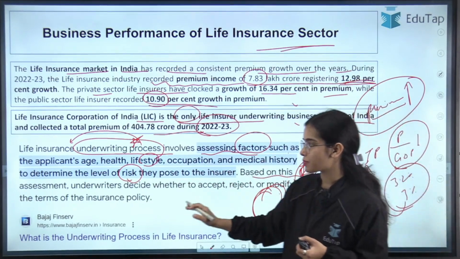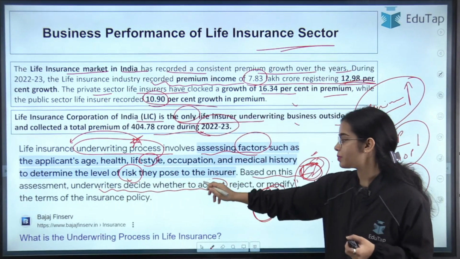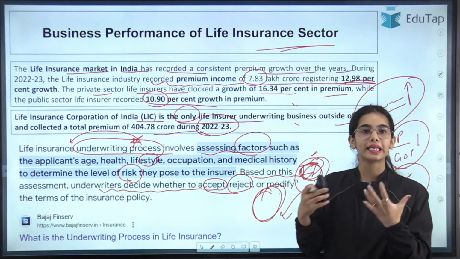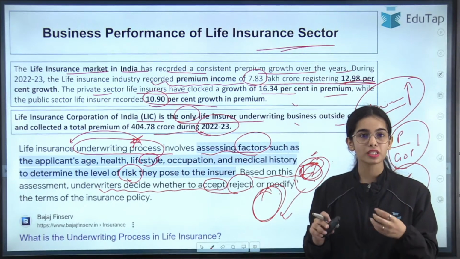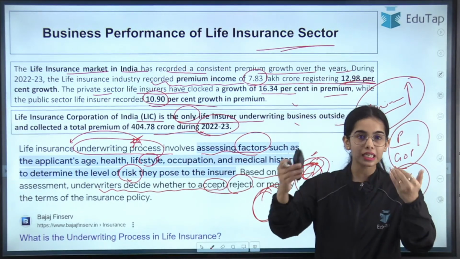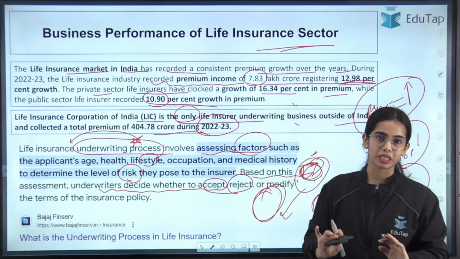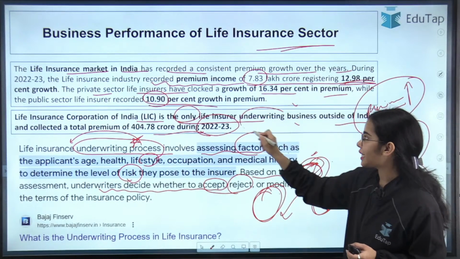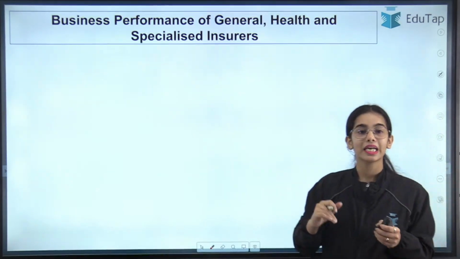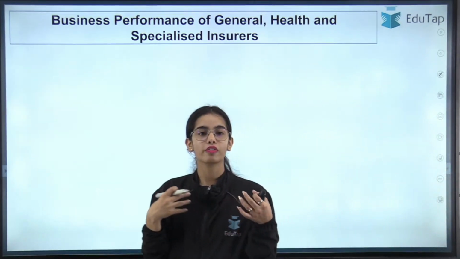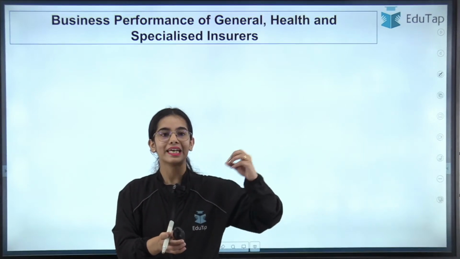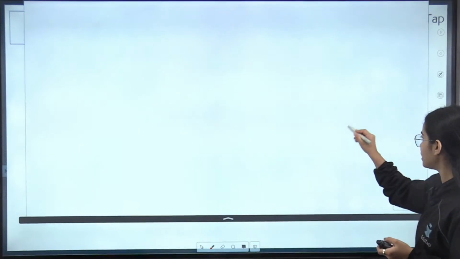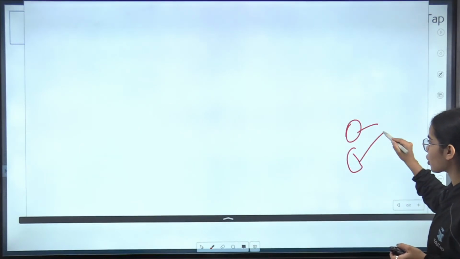Based on this assessment, underwriters decide whether to accept, reject or modify the terms of the insurance policy. They tell whether to accept the insurance proposal, or to reject it, or to increase or decrease the premiums. LIC is the only life insurance company that is underwriting business outside of India. That means it is telling the risk of the people or entities that want to take insurance.